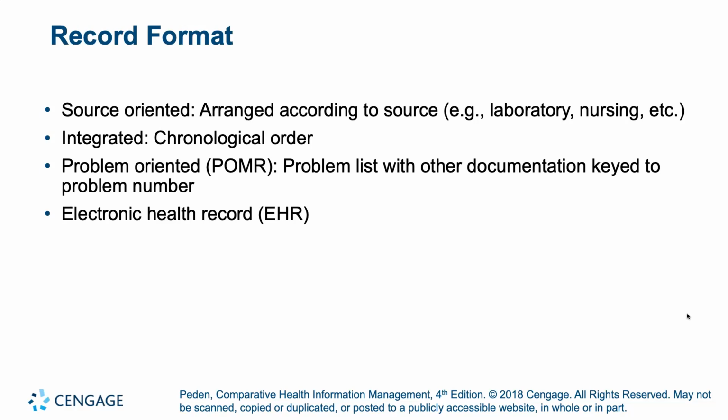And say problem 3 is maybe you've been having problems with an old injury to your ankle, and you keep having some inflammation and some pain, and you've had to have physical therapy. And so all of your physical therapy notes are under problem number 3 related to your ankle, and so on. In this day and age, most have electronic health records, although still a few here and there plod along with paper records.